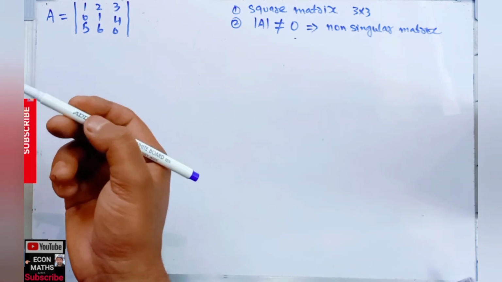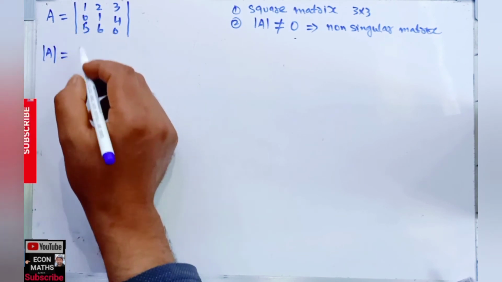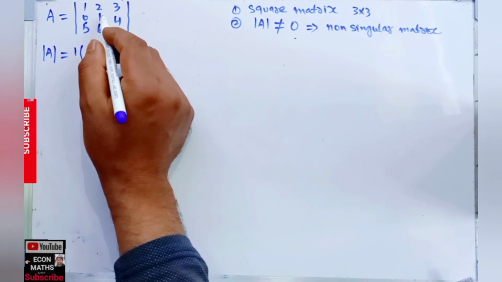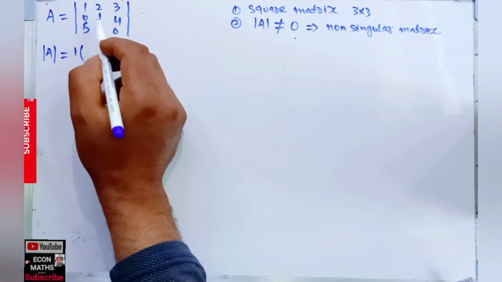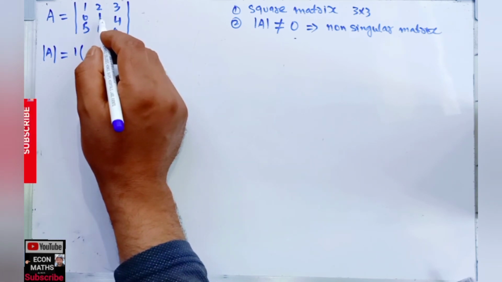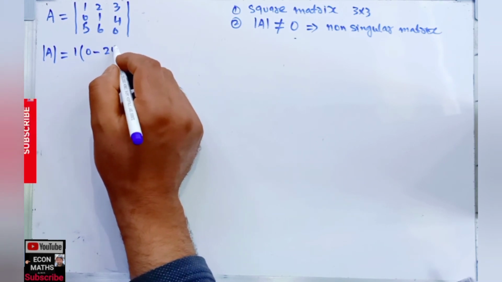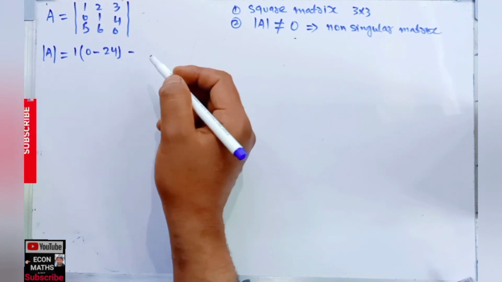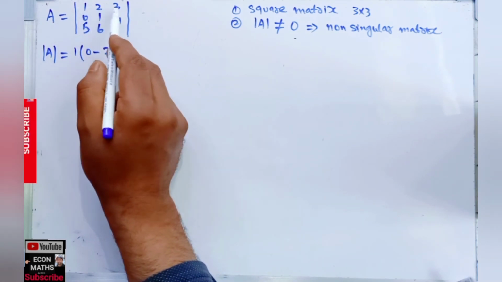Now the determinant here is given by, we take the first element, that is 1, and multiply it with the determinant after deleting the row and the column in which it appears, that is 1 zeros are 0 minus 6 fours are 24. The minus sign comes from the rule of cofactors, which we have seen in the earlier videos: first is positive, negative, positive.